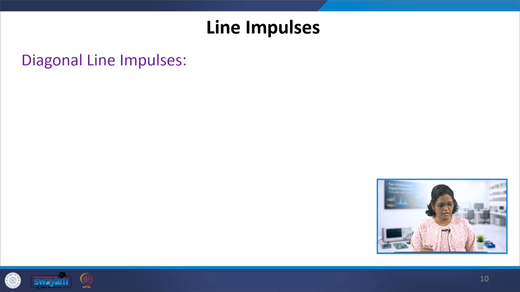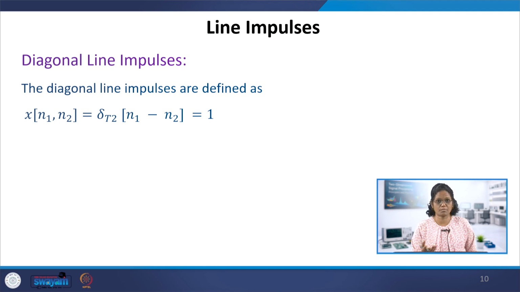And this is the third category. The diagonal line impulse does not only have the slope equal to minus 1; it can have the slope plus 1 also. So it is going to be x of n1 comma n2, the two-dimensional signal which we are defining, where del t2, with t again just for different cases, is the second category of this diagonal line impulse.